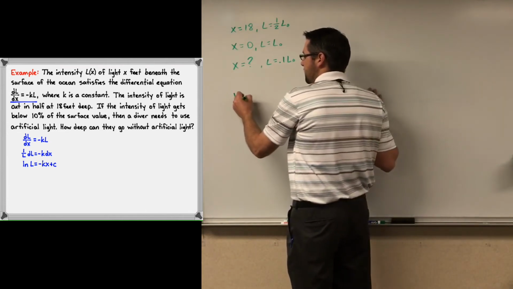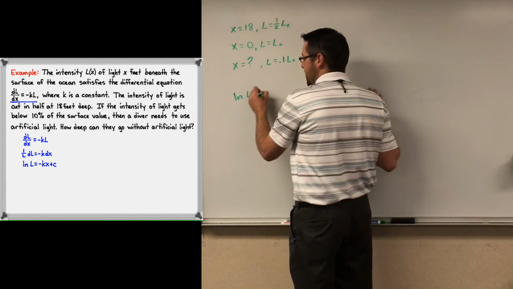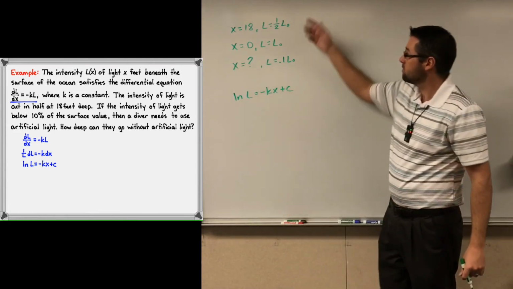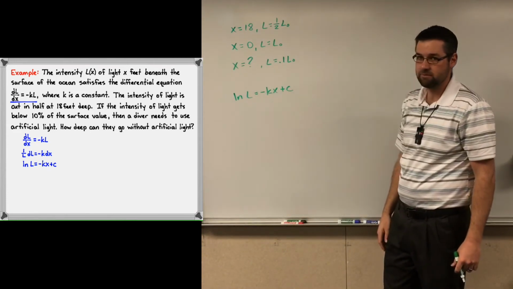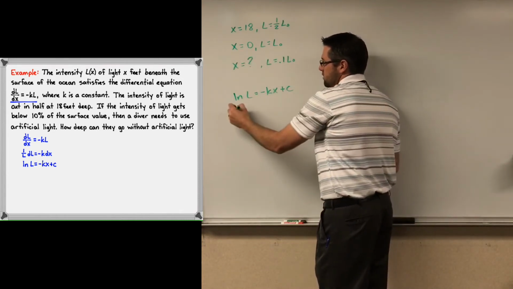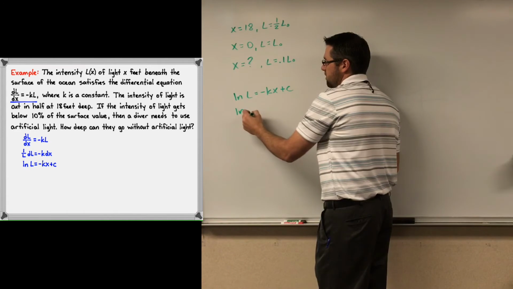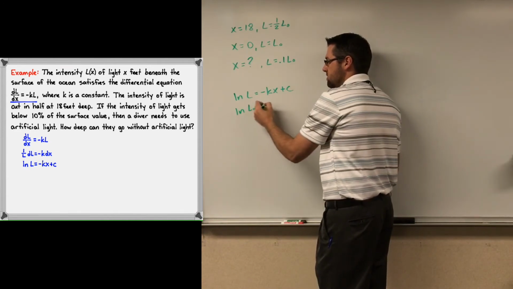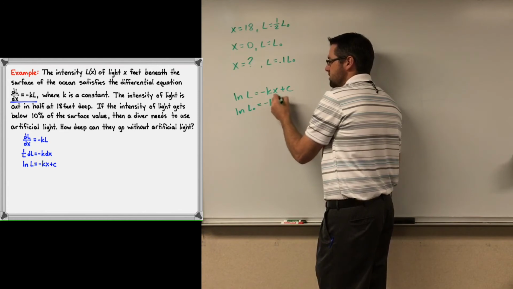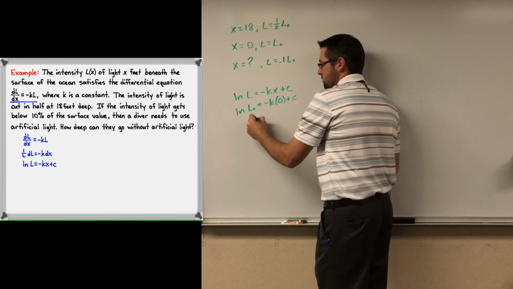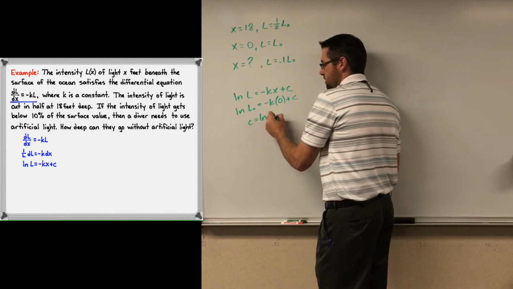So we got natural log of L, I'm going to just rewrite that equation, equals negative kx plus C. Okay, what's the easiest one to plug in? That one? So it's the natural log of L of 0, right? Equals negative k times 0 plus C. So in other words, C equals the natural log of L of 0.